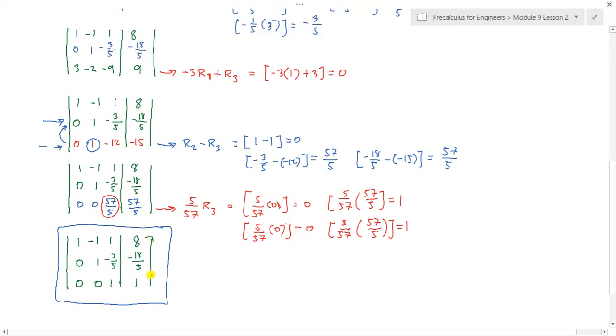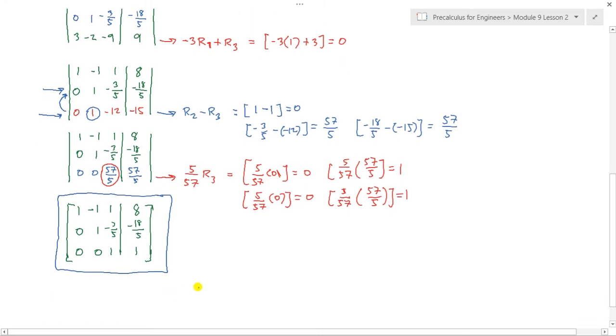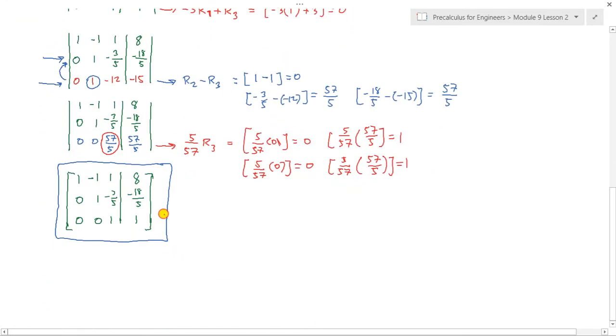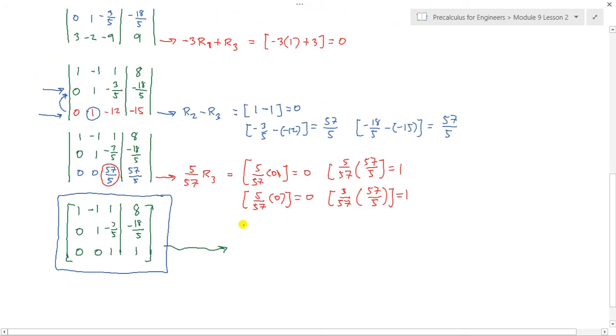Nasunod ra? Mao ni siya ang augmented matrix in row echelon form. Now, para makasolve ta sa value ni x, y, and z, balik ta na po ni-convert into an equation. So, rewriting this, mo result siya sa katong same sa Gaussian Elimination.